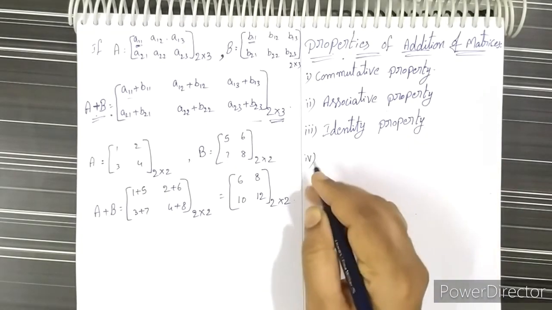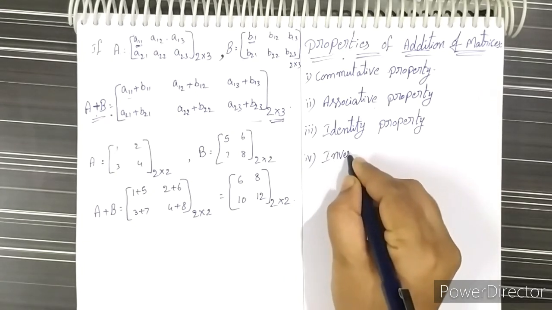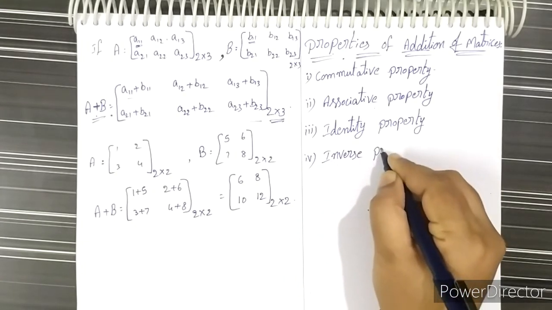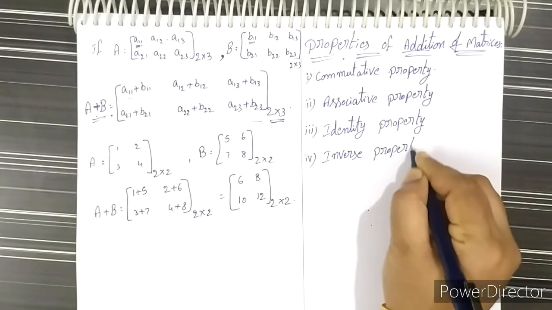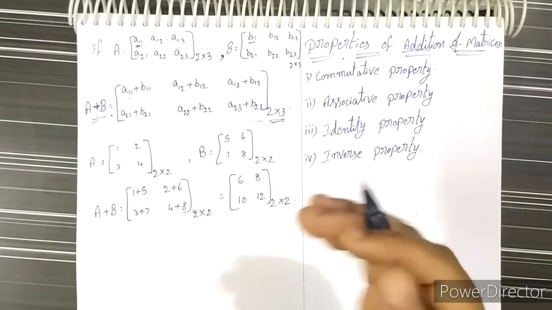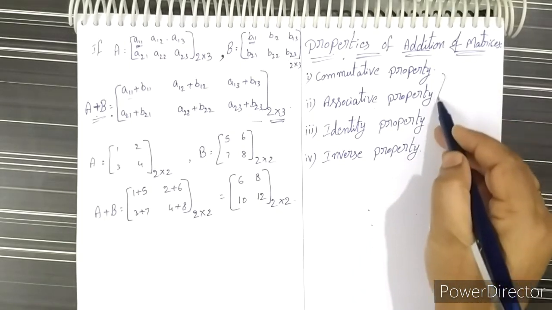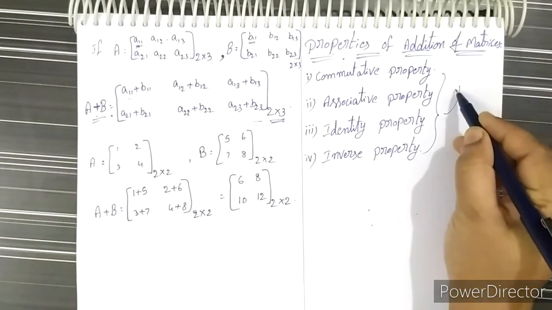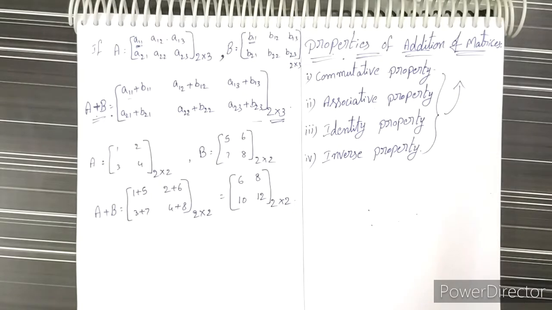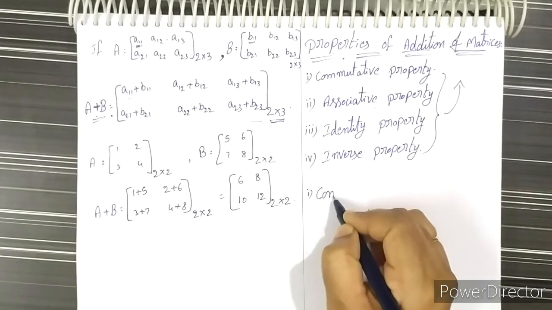And fourth property is inverse property. In this topic, we will find whether these 4 properties are applicable for addition of matrices or not. First, we check out commutative property.